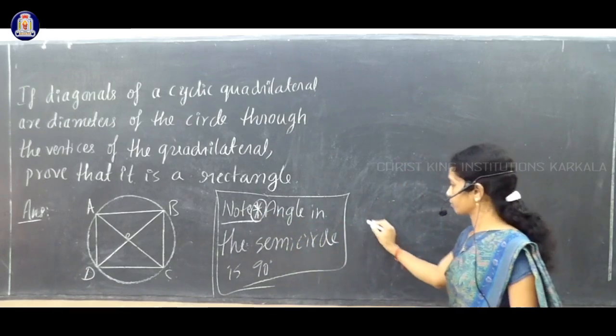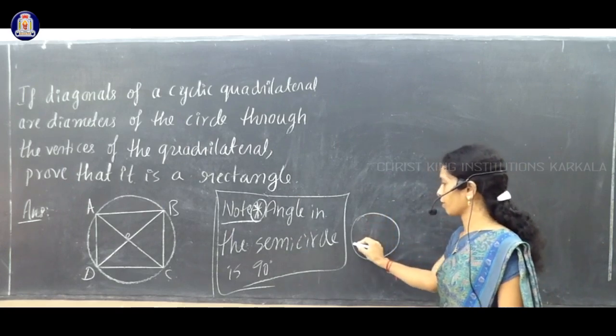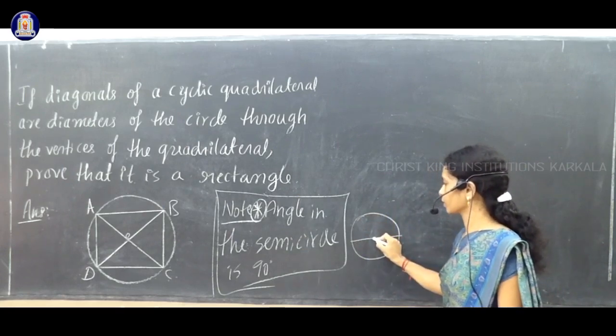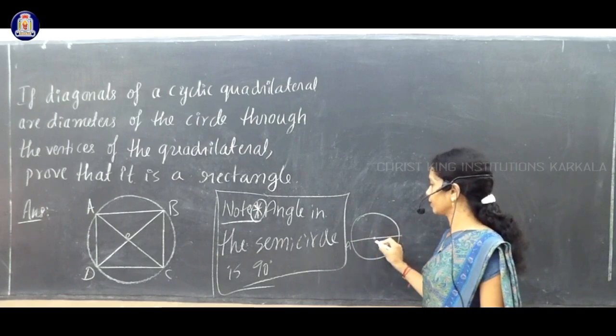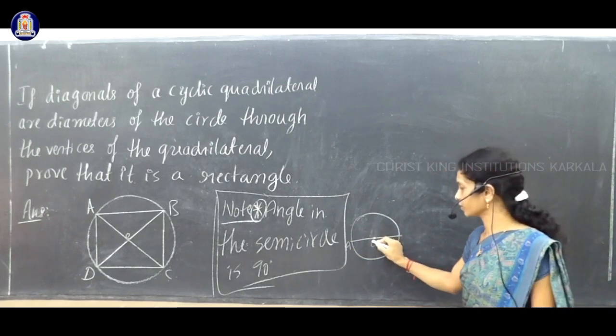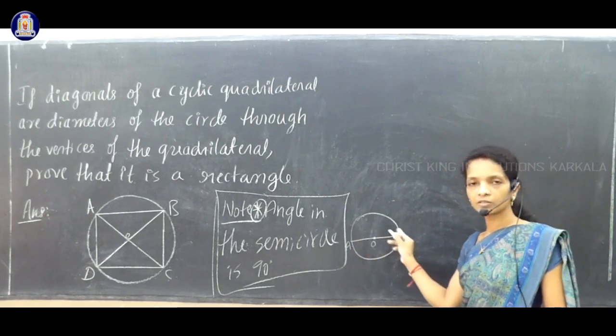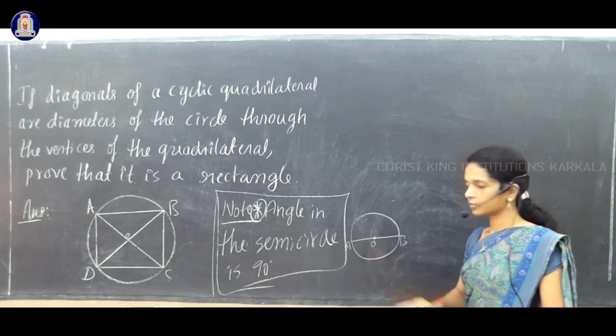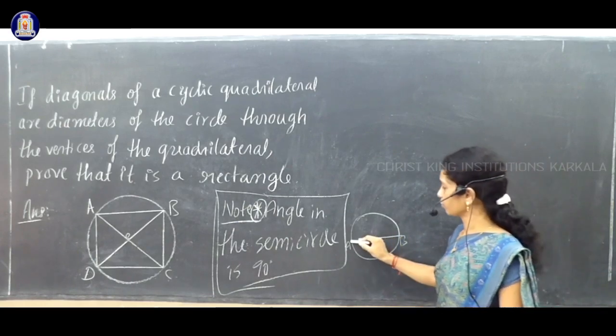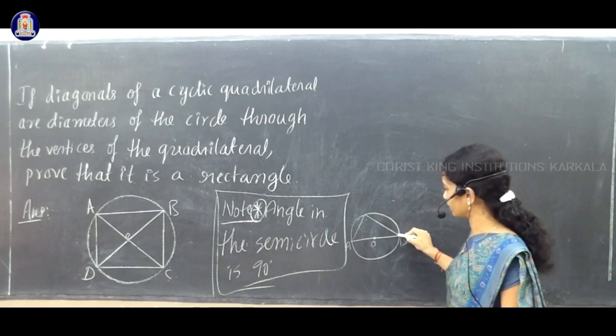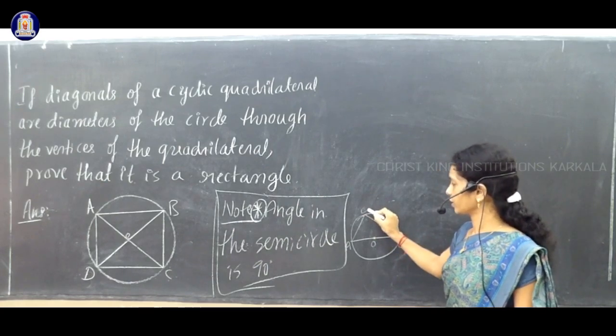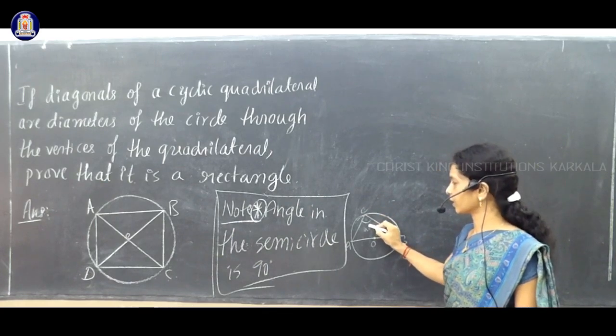Let me explain. Suppose you have a circle. When you have a semicircle, if you draw a diameter like this, AOB, which is the line passing through the center of the circle, and if you draw any angle like this, angle ACB, then this angle is 90 degrees.